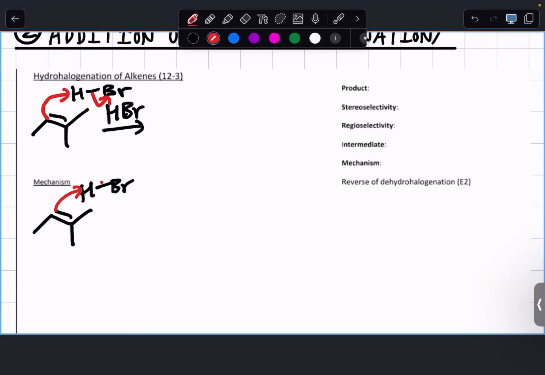Carbon attacks the H, kicks out the Br. And then this is the intermediate we get right here, where this carbon gained the hydrogen, this carbon lost the bond, gains a positive charge. Okay. From there, the Br minus that got kicked out will attack the positive charge right there as a nucleophile.